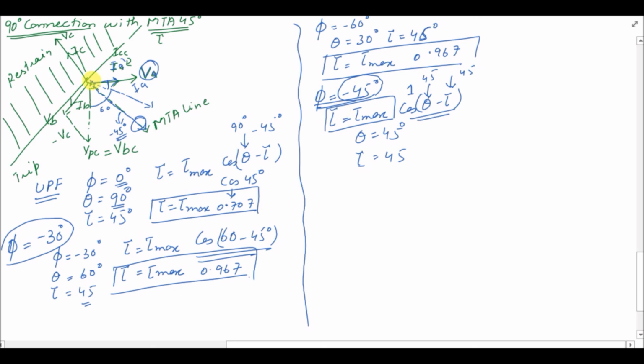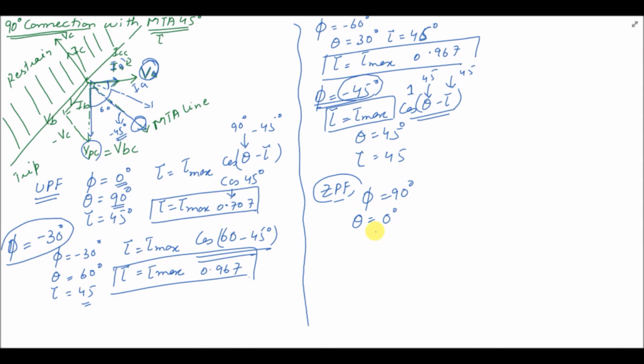Similarly for the zero power factor angle. Now in zero power factor angle, the angle between VA and VPC is 90 degree, which represents the zero power factor, and theta in this case will be equal to 0, right?